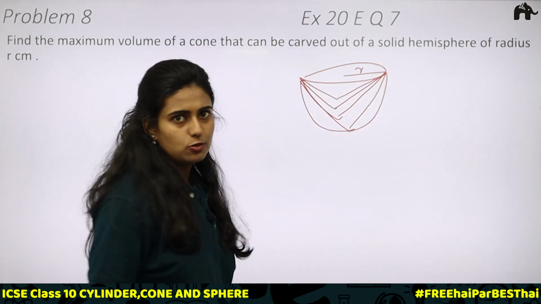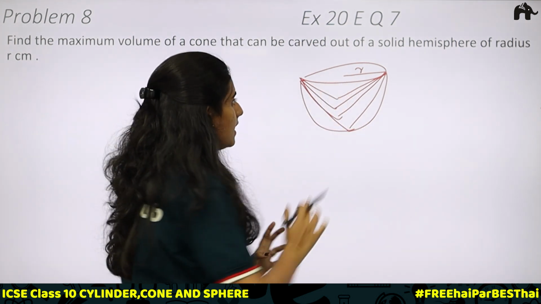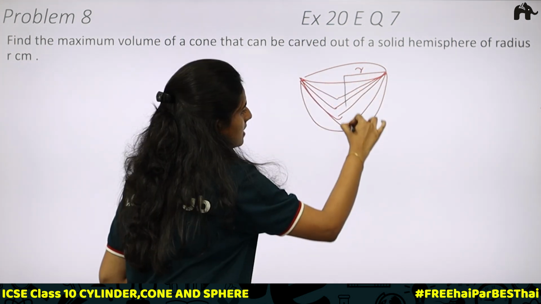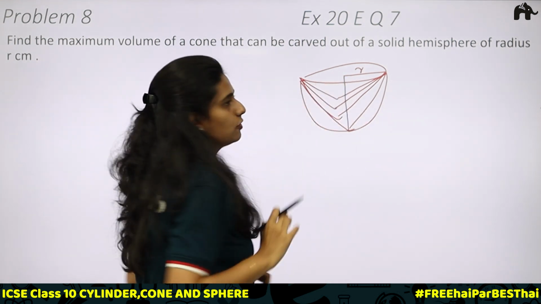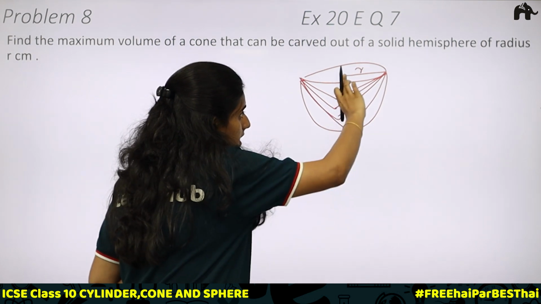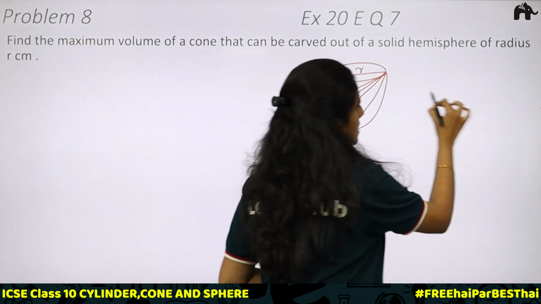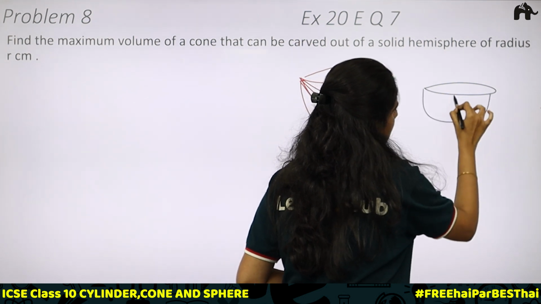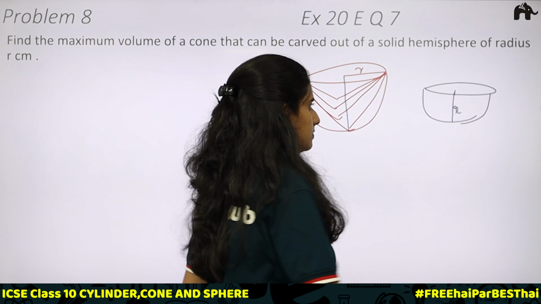How to find the volume? Now what is the height of this cone? Here, for this hemisphere, what is this distance? This distance is the height of cone. Also, this distance is the radius of hemisphere. When you have a hemisphere, this distance will be the radius of the hemisphere.